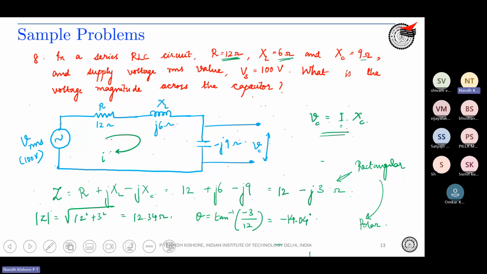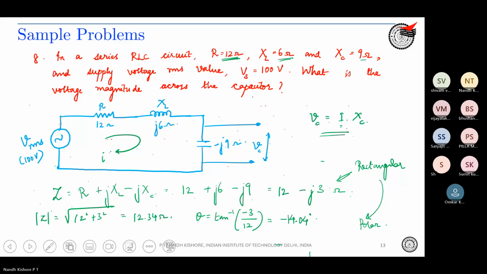You saw this analogy, right? In the question, they have not mentioned anywhere it is J6 ohm, J9 ohm and all. We knew that the impedance offered by the inductor would be J omega L, and the impedance offered by the capacitor would be minus J by omega C. So that is why we wrote JXL and minus JXC.